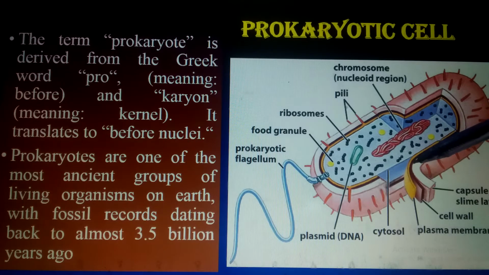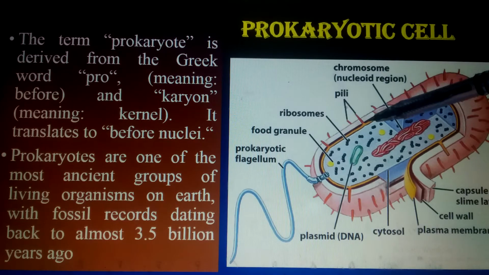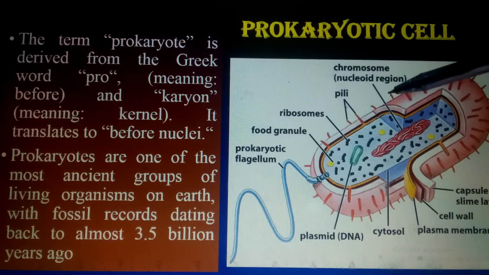Besides the cell wall, cell membrane and the outermost capsule, you can see scattered cilia-like structures known as pili, pilus for one and pili for many. These pili are used by bacteria for conjugation, which I will discuss later, a sort of sexual reproduction.